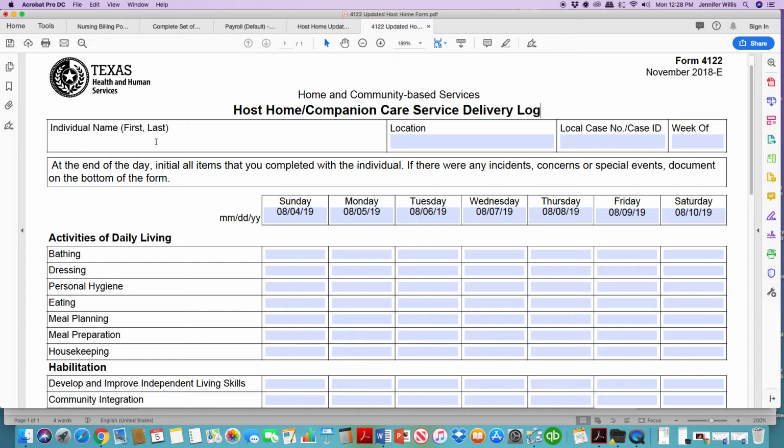To fill this form out, it's pretty much the same way that we have filled it out in the past. You're just going to simply enter an individual's name. For our training purpose, we'll use James Bond. You're going to continue to enter where the individual resides, where that person actually lives.